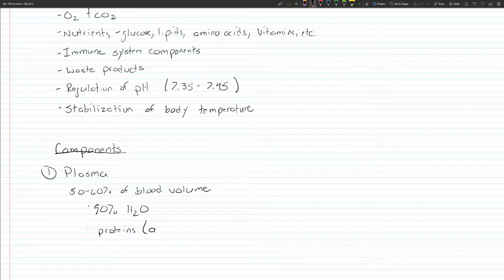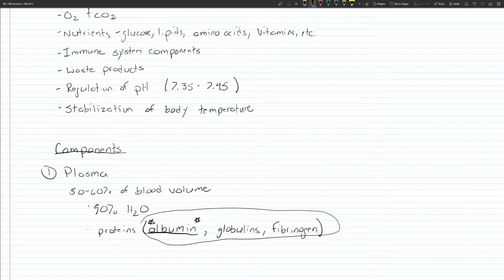The one I want you to remember forever is albumin. I'll underline it, put a little star next to it. Then you have these smaller proteins called globulins, smaller than albumin. And then fibrinogen. So those are our big important ones. These are created by the liver, 90% of them.